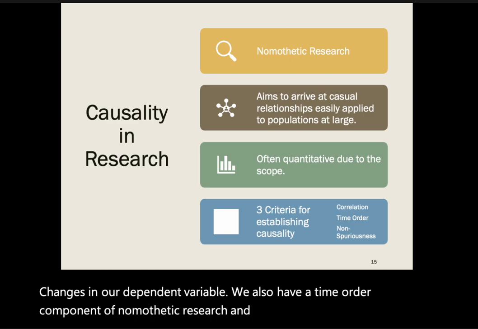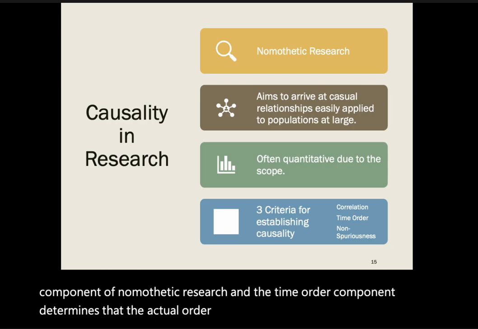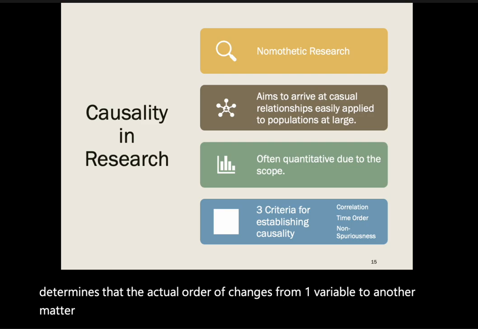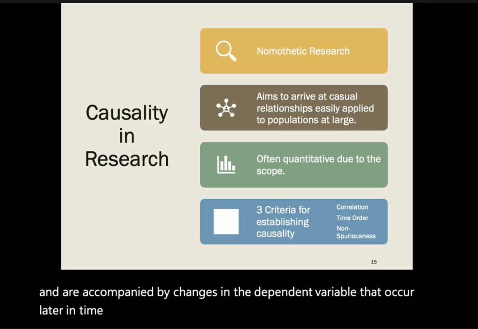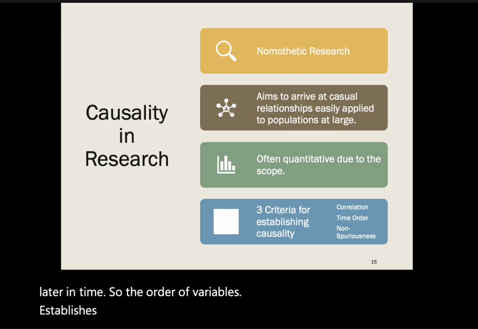And the time order component determines that the actual order of changes from one variable to another matter, in such that changes in the independent variable occur first in time and are accompanied by changes in the dependent variable that occur later in time. So the order of variables establishes causality in nomothetic research.